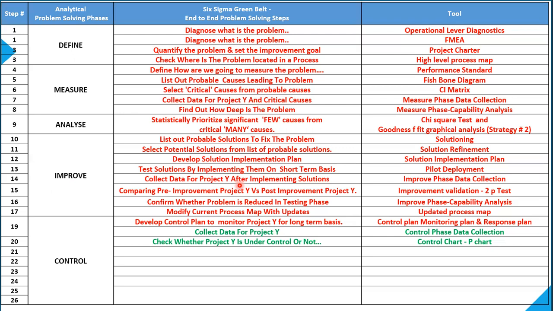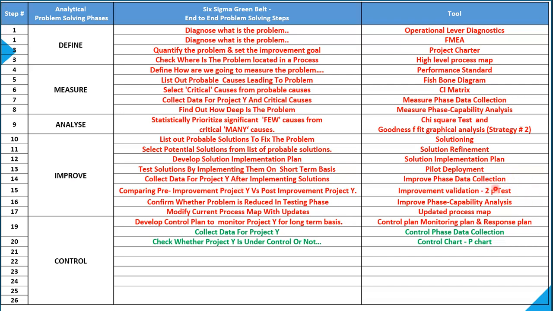So measure phase is the pre-improvement phase, and improve phase is the post-improvement phase, right? So we're going to compare it, and we're going to statistically prove that yes, after implementing the given refined solutions, the performance of Y had significantly improved, and that is being validated by the 2P test.